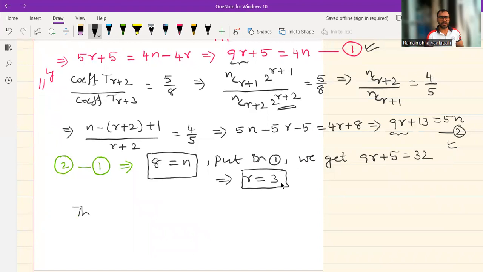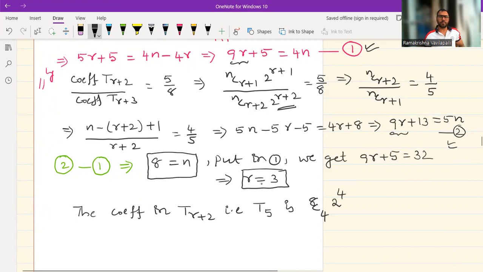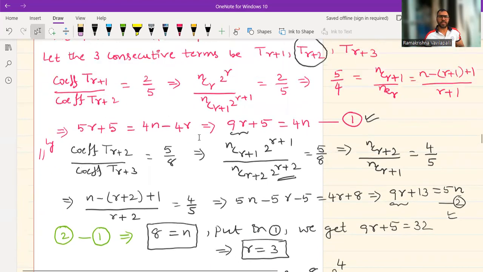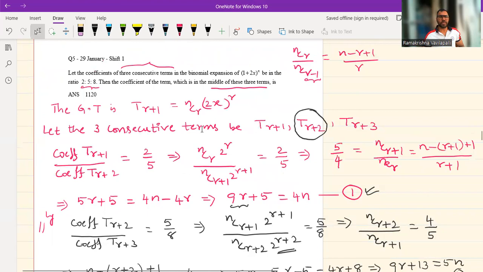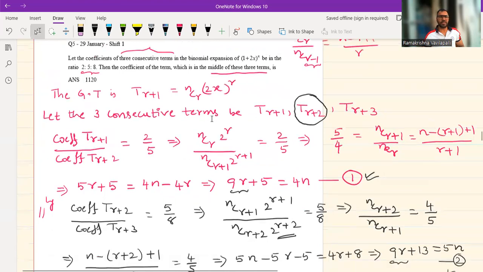The coefficient in T(r+2), that is T5. Here n value is 8. So 8C4 into 2 to the power of 4, because the given expansion is (1 plus 2x) whole power 8.